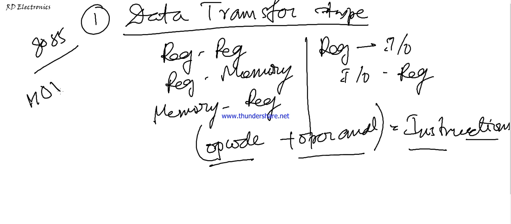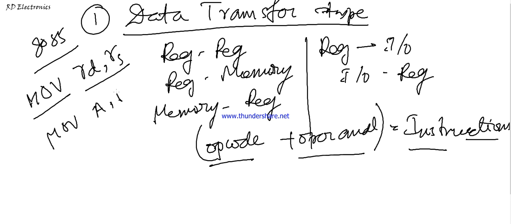The first opcode is known as MOV, the move or transfer instruction, and the operands are the destination register and the source register. For example, if we write MOV A, B, that means the data is transferred from B register to A register, not A to B. Say the content of B is 07 hexadecimal.